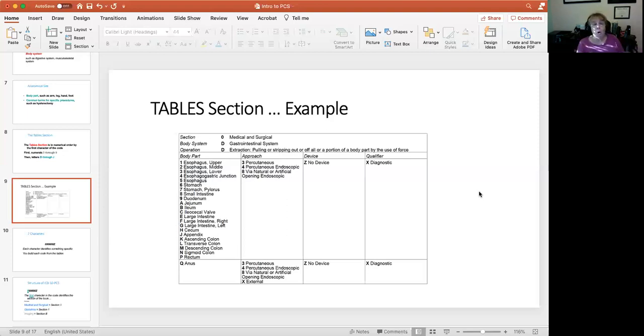Now remember, you always get to keep your documentation right there. So if you get into the table and you went, okay, this is an extraction, a kid swallowed a quarter and the doctor had to extract the quarter, a foreign body, from the kid's esophagus, you figure that's good. So we get medical surgical, gastrointestinal, extraction, we're all good there. But now you see, well, where was the quarter, upper, middle, or lower?